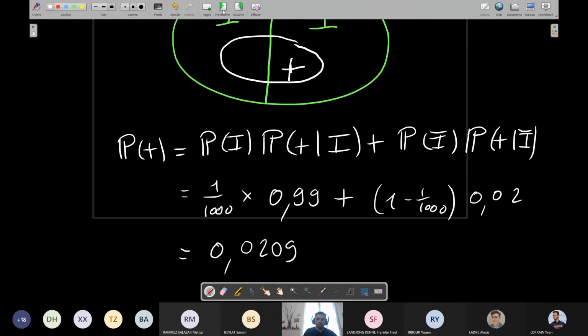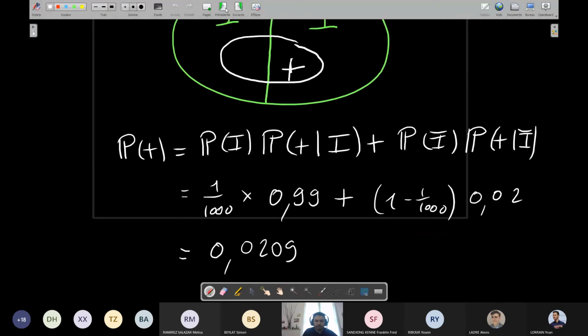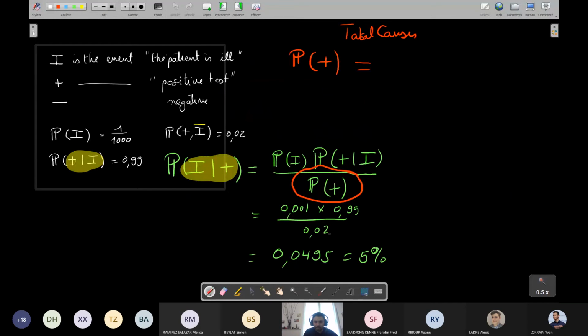So if I come back to my computation, I have to replace then this 0.02 by 0.0209. There is a 0 between 2 and 9.